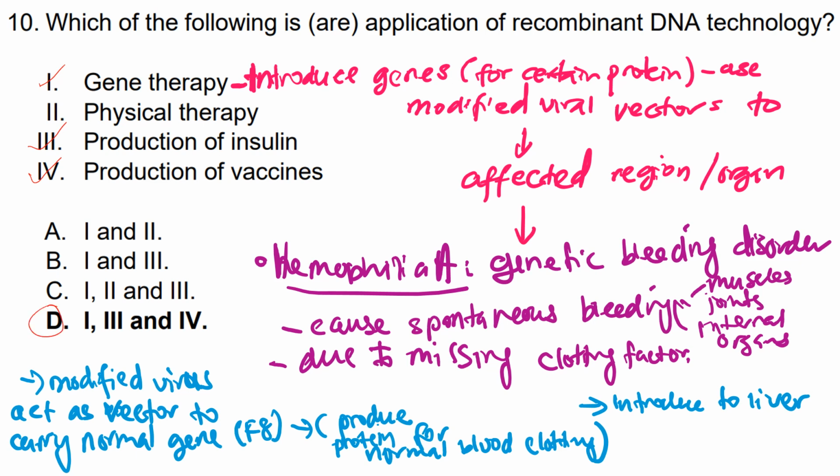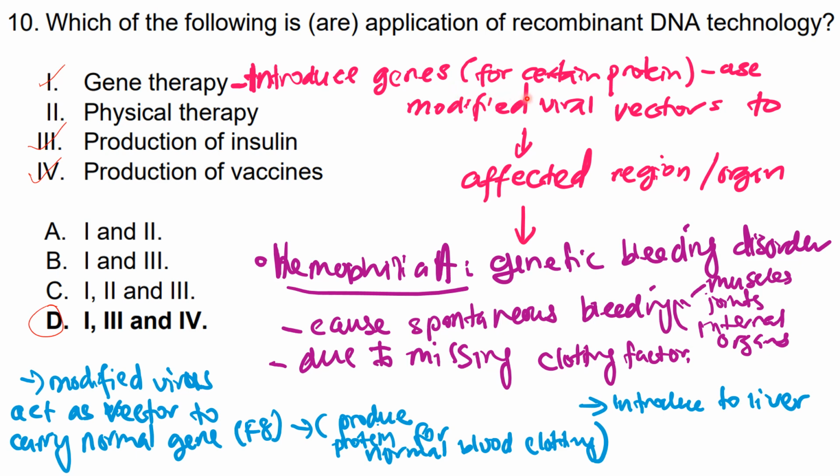Basically, gene therapy involves the introduction of genes, and these genes contain information or codes for the synthesis of certain proteins. These genes are inserted into a modified virus, which does not cause any disease.